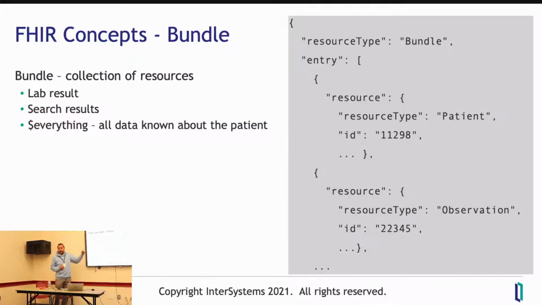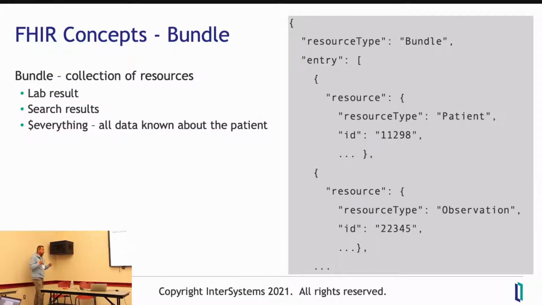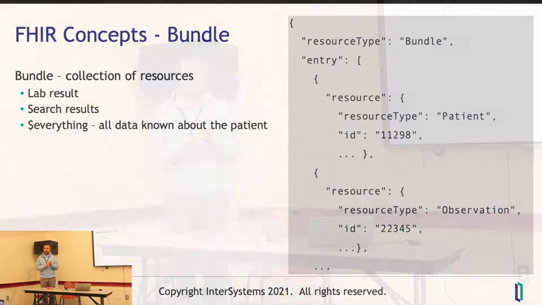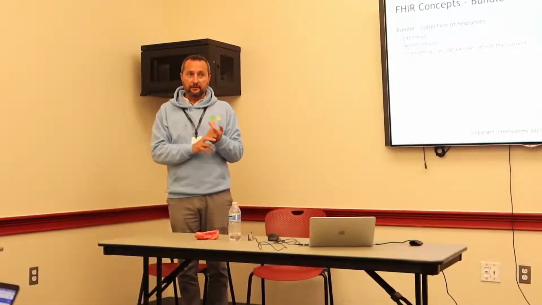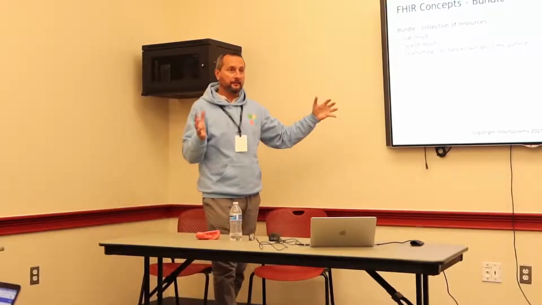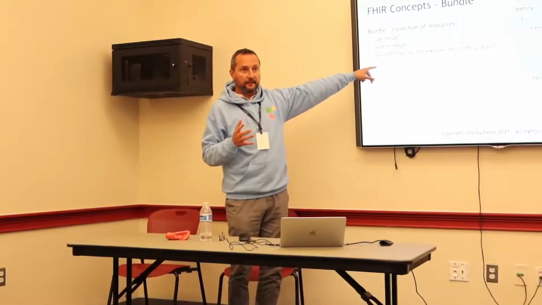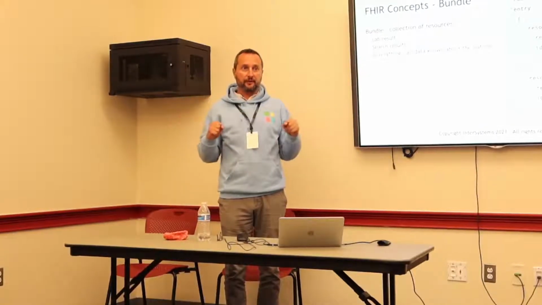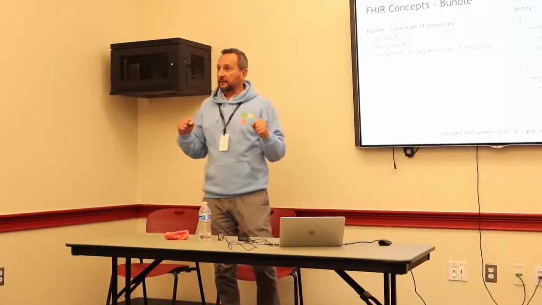Dollar everything is a very important kind of bundle, and it's an enabler for a whole bunch of analytical scenarios. Dollar everything returns everything we know about this patient. Every medication, every allergy, every observation ever made for that particular patient would be returned in one bundle. So for Anton, give me everything you know about Anton. Now, think about that.